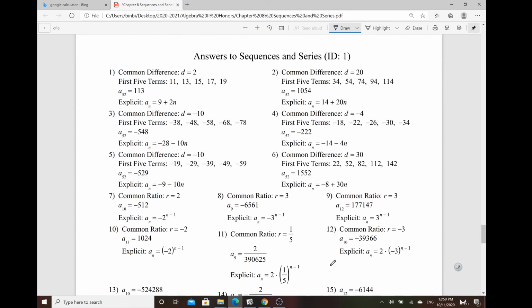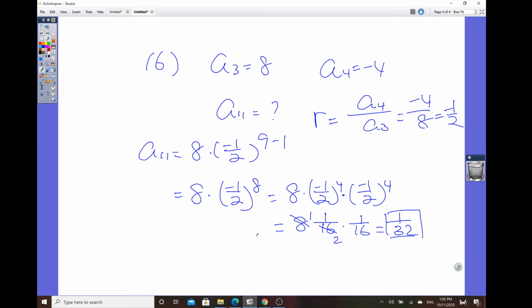Simply plug in a number back. So a sub n equals a sub 1. Again, in order to get a sub 1, you can just divide. Okay, so a sub 3 divided by negative 1/2, in other words, multiply by negative 2. So you got a sub 2, which is what? Negative 16.